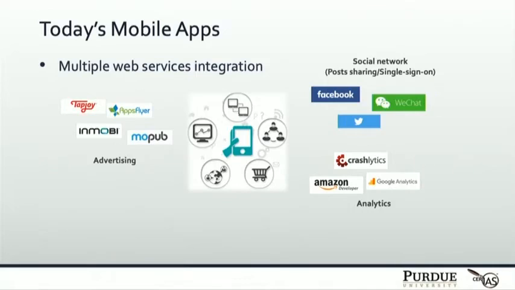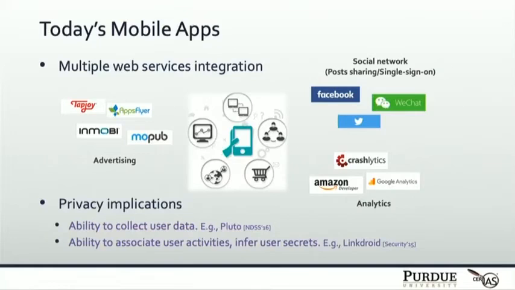These SDKs support the app for the single sign-on function and allow the user to share their in-app content to their social networks. Further, the developers are also likely to integrate analytics libraries, which collect different types of data for bug fixing and user experience improvement.